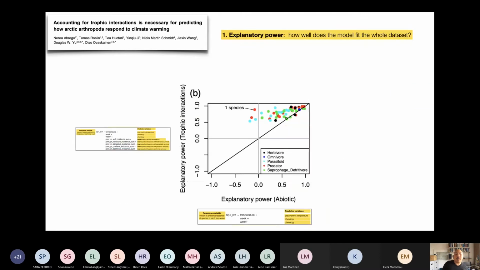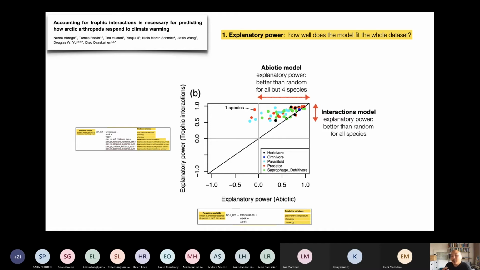That's the explanatory power. And all you need to know here is that explanatory power is measured from -1 to +1. If it has a positive number, then the model does better than average or better than random, right? If it's a negative number, then it does worse than random. So the abiotic model does a better than random job for all but 4 species.